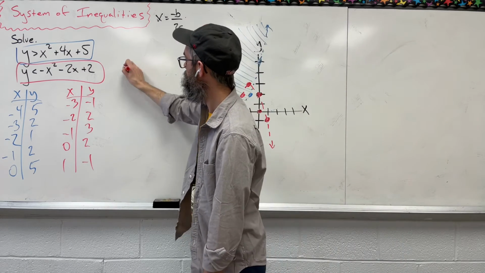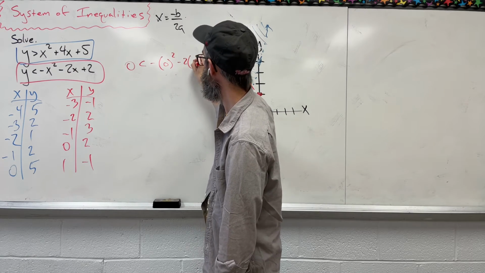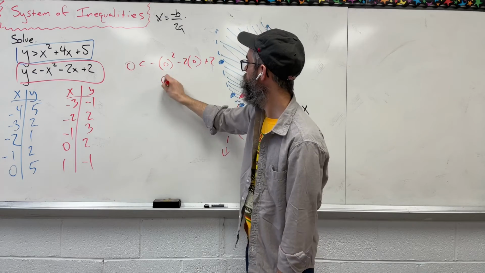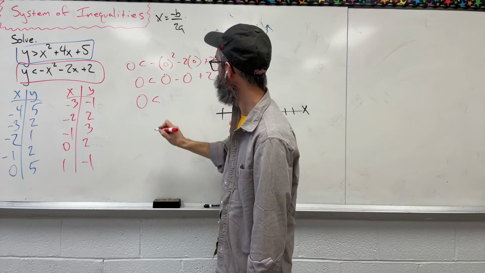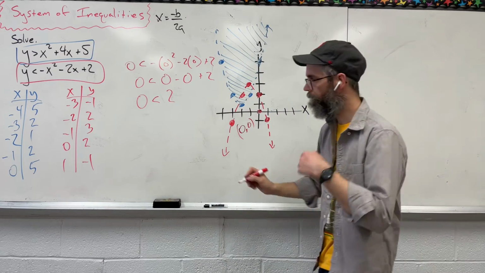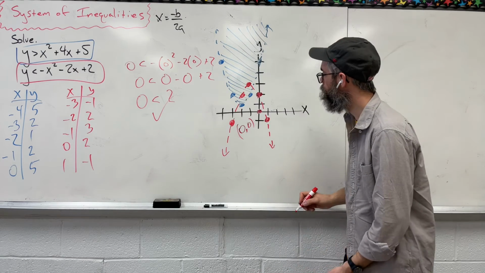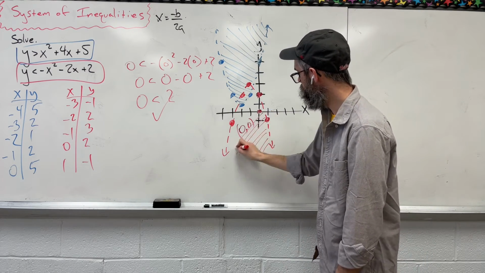So is 0 smaller than negative 0 squared minus 2 times 0 plus 2, giving us 0, 0, 2. Is 0 smaller than 2? Yes, it is. I like this statement. That's true. So that means everything in here gets colored in.